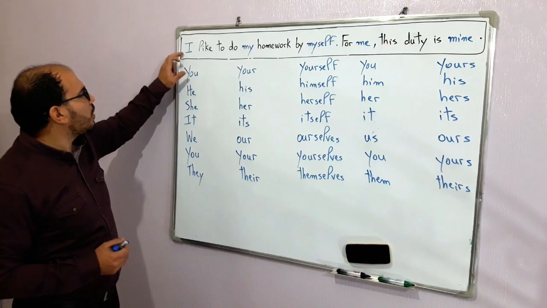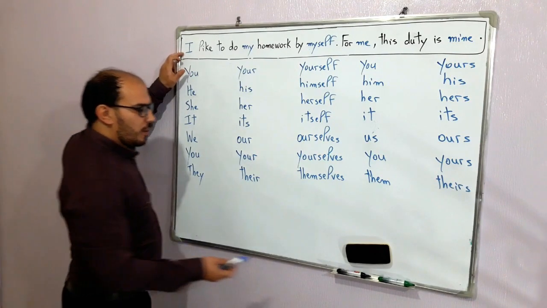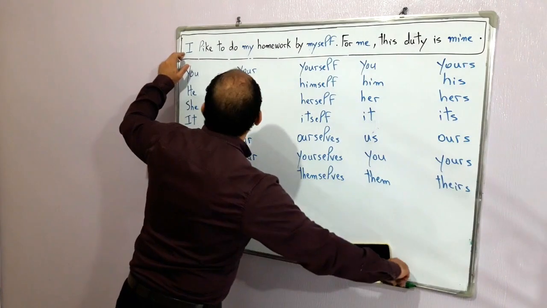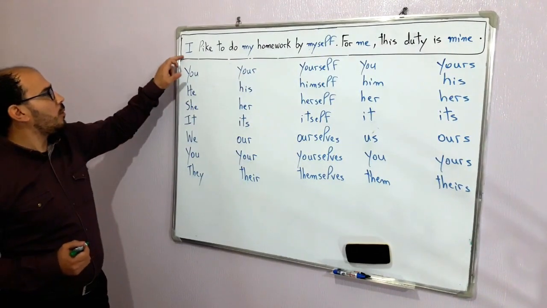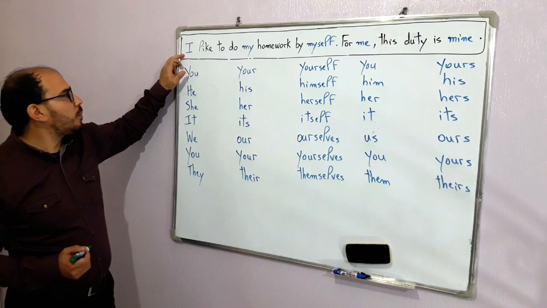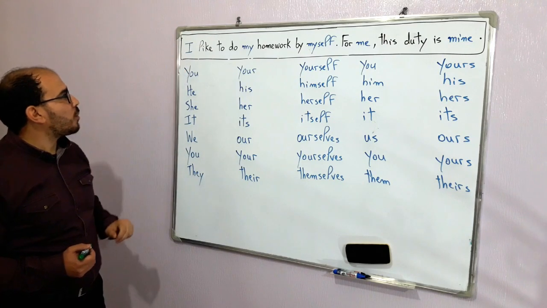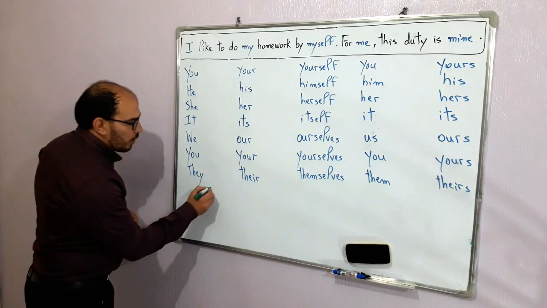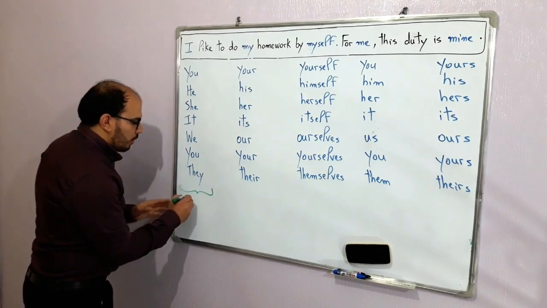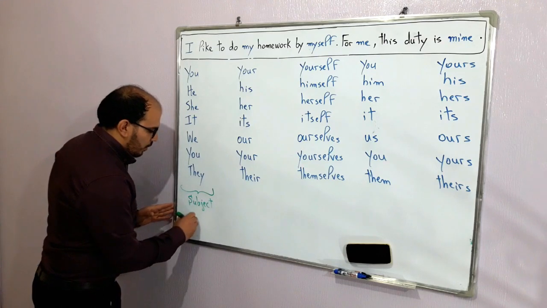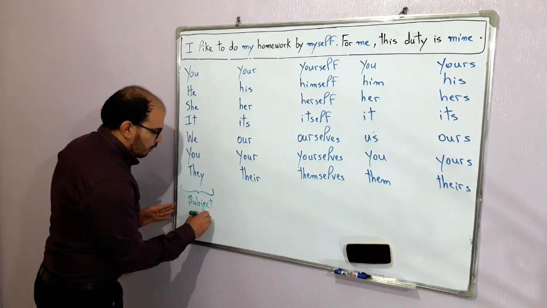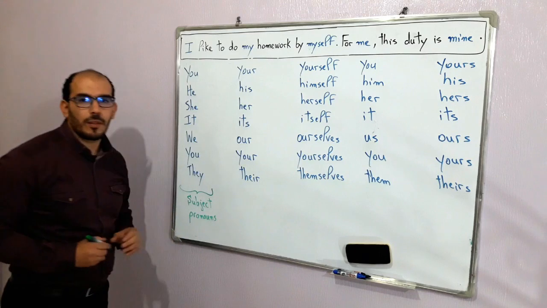For example, here we have I like to do my homework by myself. So I in this sentence plays the role of subject. So that's why we call them subject pronouns. Okay?